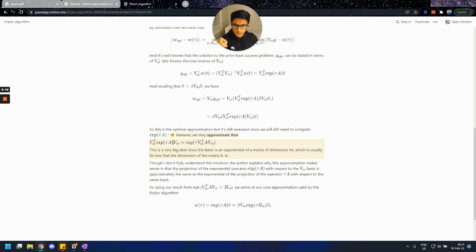They say that V sub m transpose times exponential of tau A times V sub m is approximately equal to the exponential of tau times V sub m transpose times A times V sub m. And this is a very big deal, since the latter is an exponential of a matrix of dimension m, which is usually far less than the dimension of the matrix A, n.